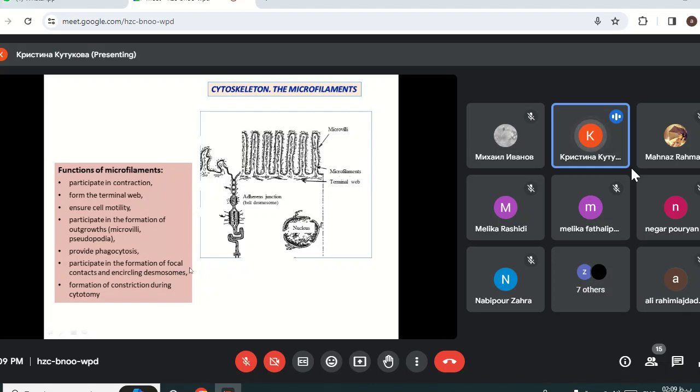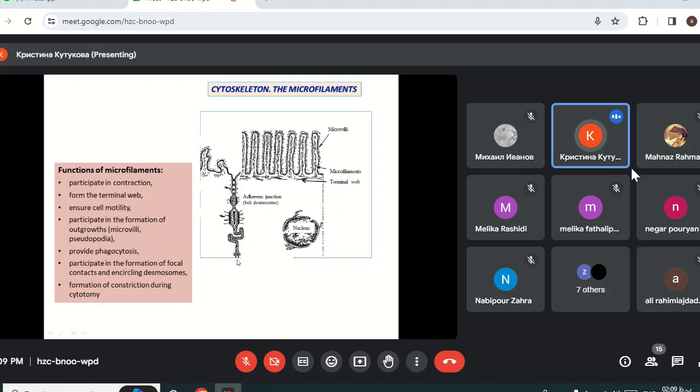Also, they participate in formation of focal contacts and belt desmosomes. Focal contacts are the contacts of the cell with the extracellular matrix, temporal contacts, and belt desmosomes or adherent junctions are the mechanical junctions between two adjacent cells.